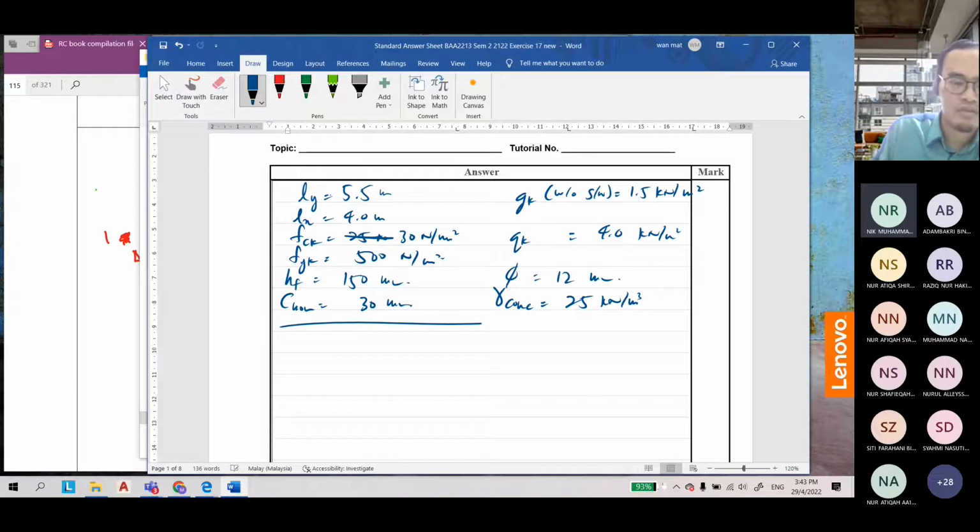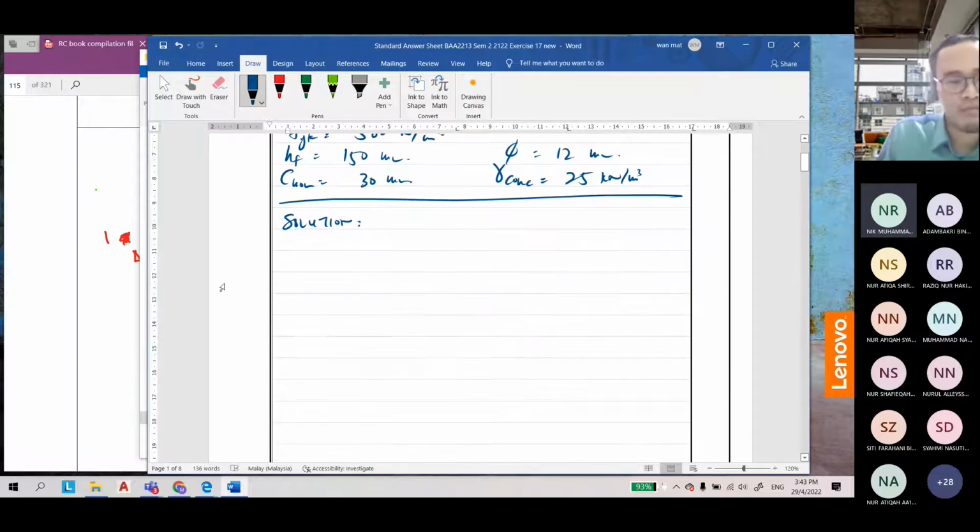As the solution, as usual, we have to determine the action and analysis.